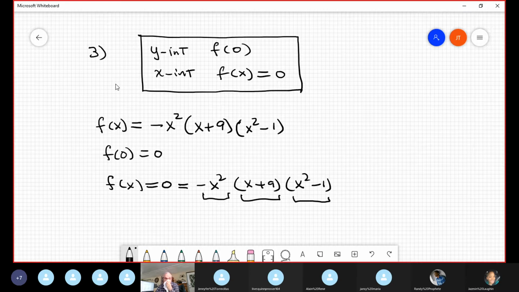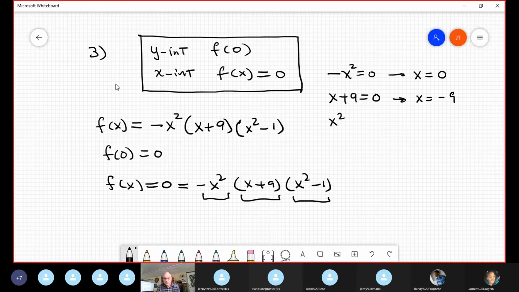So minus x squared equal to 0 is equivalent to x equals 0. Obviously it has multiplicity 2, but that is not the point here. So this is a coincidence: 0, 0 is both x intercept and y intercept. But we have more. x plus 9 equal to 0 gives negative 9.